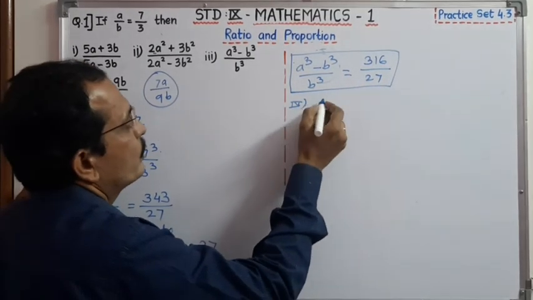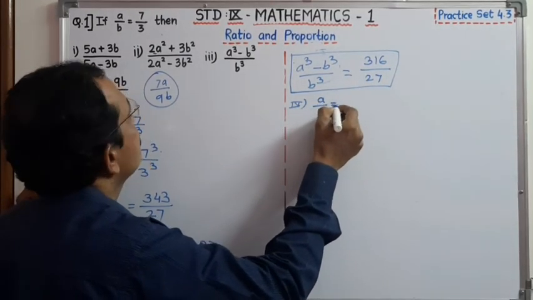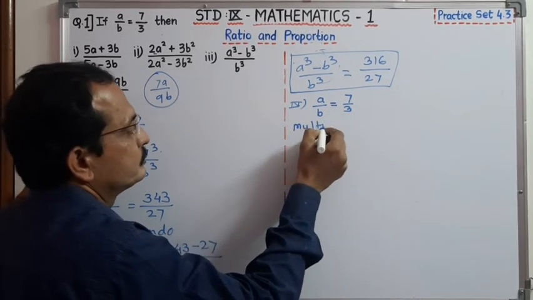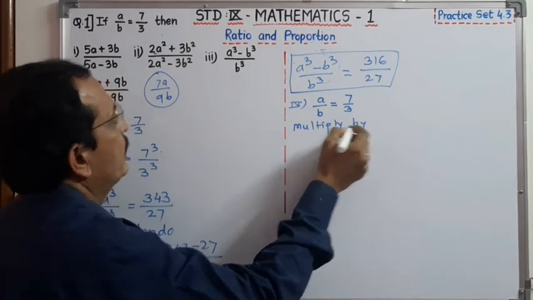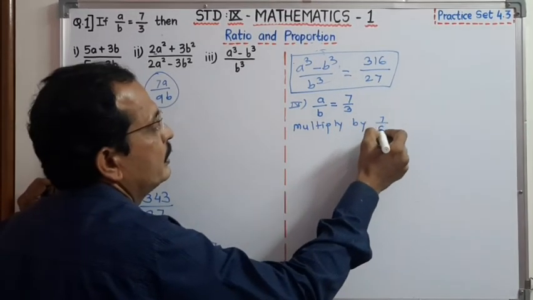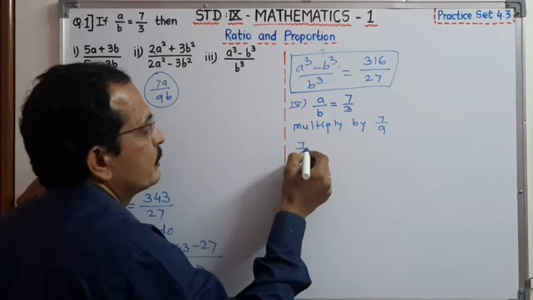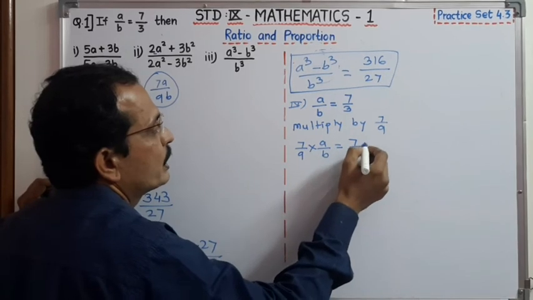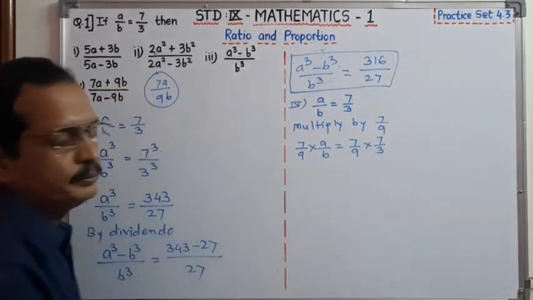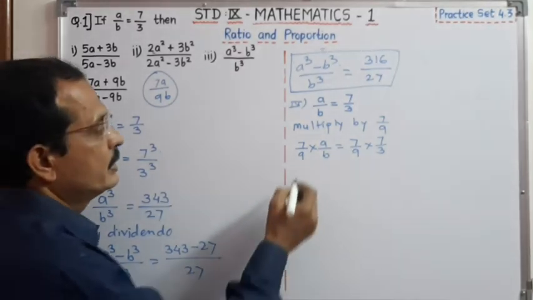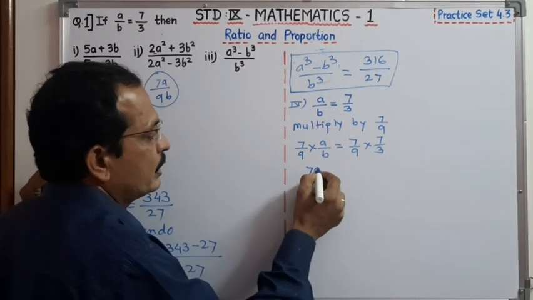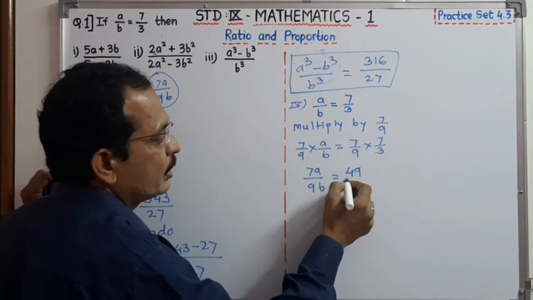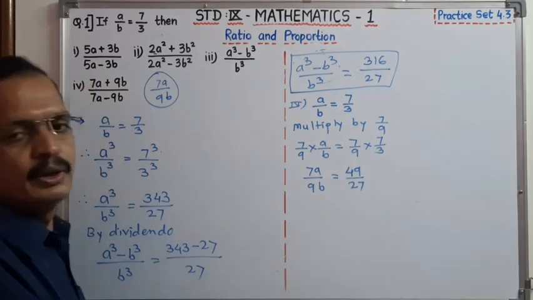Therefore, first of all we have to write a upon b is equal to 7 upon 3. For that purpose, multiply by 7 upon 9, and therefore, dear student, 7 upon 9 into a upon b is equal to 7 upon 9 into 7 upon 3. Now, see here, it is 7a upon 9b is equal to 49 upon 27.